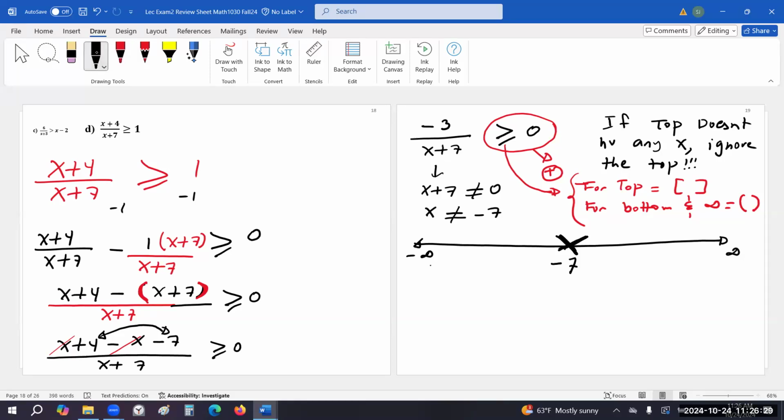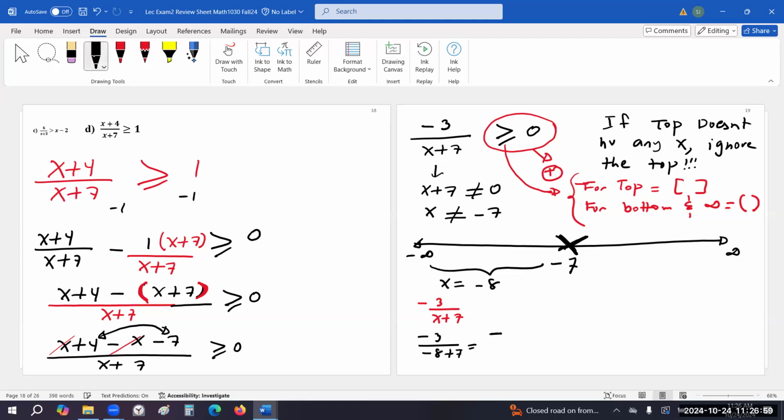Okay, so you have to check which one gives us positive, the left or the right or both or none. So what do you want to pick? Anything smaller than negative 7? Negative 8. Smaller. So we have negative 3 over x plus 7 becomes negative 3 over negative 8 plus 7.